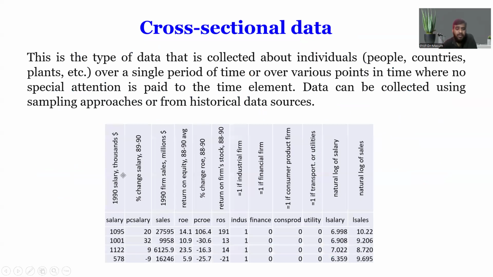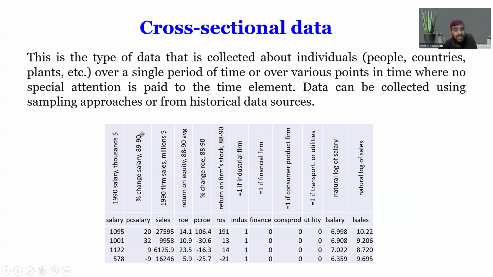These are the CEO salaries, and these are the different dimensions. When there are different dimensions and the data is for a single period, it is known as cross-sectional data. This is the type of data collected about individuals over a single period of time, or over various points in time.